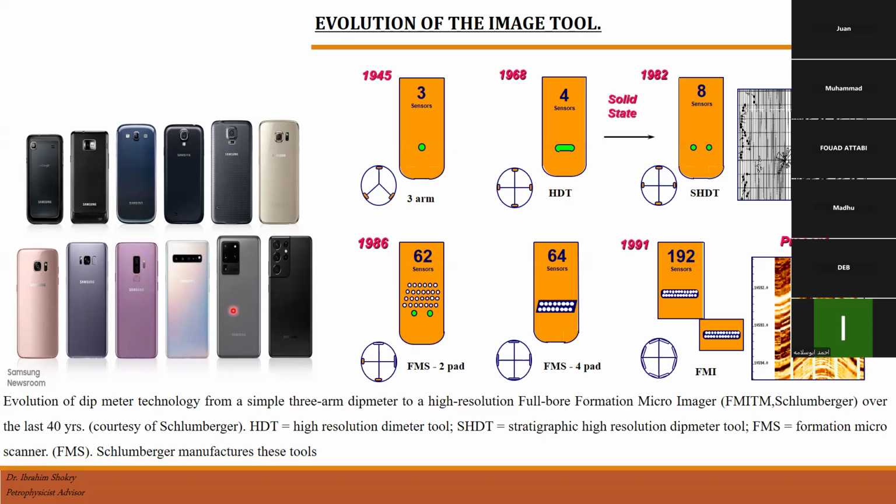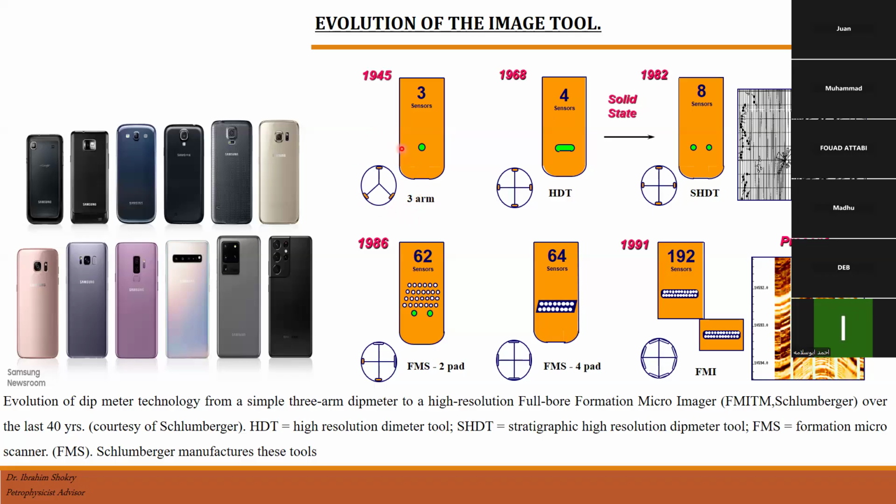By the same idea and the same figure, we have the borehole image tool. It has been developed. As the first generation of the tool, we used the dipmeter tool, which is a three arm tool with single electrodes, continuous micro resistivity measurement.